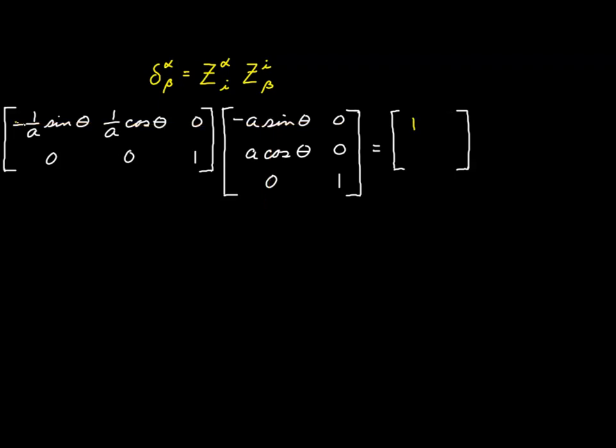Then we'll take the first row times the second column. This times 0 plus this times 0 plus 0 times 1 obviously is equal simply to 0 right here. And then next we'll have this row and this column. That's 0 times this term, 0 times this, 1 times 0. All of that is equal to 0.